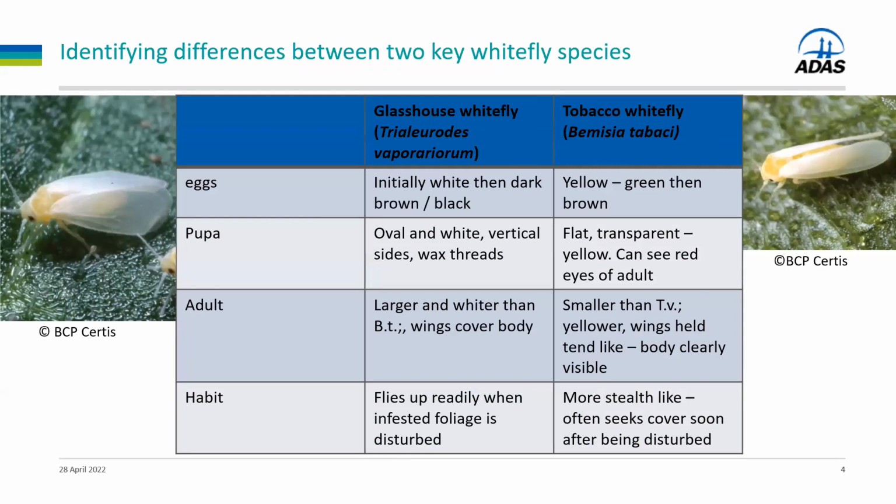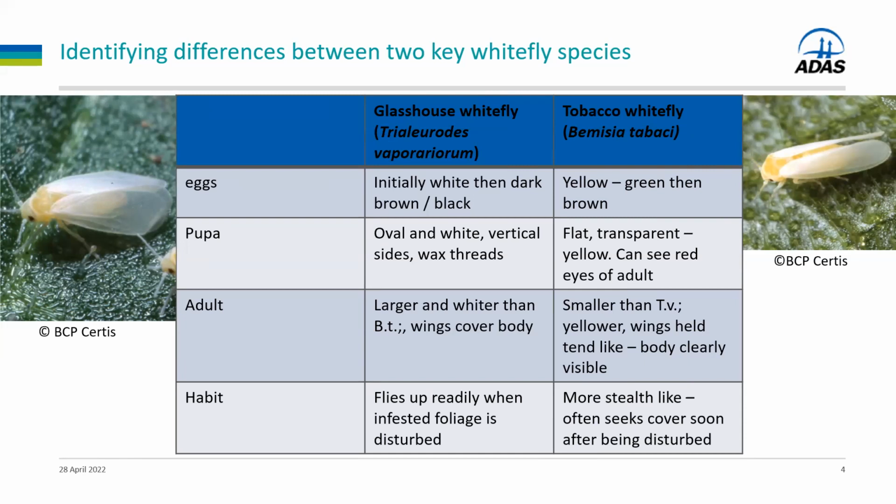So I put this slide together, just hopefully a fairly simple slide, as an aide-memoire to help identify some of the key differences between glasshouse whitefly, which can be common on nurseries, and tobacco whitefly. So just talking through the points, eggs of glasshouse whitefly, as I said, start off white and then darken, whereas the tobacco whitefly is yellower. The pupae for glasshouse whitefly are really quite oval.